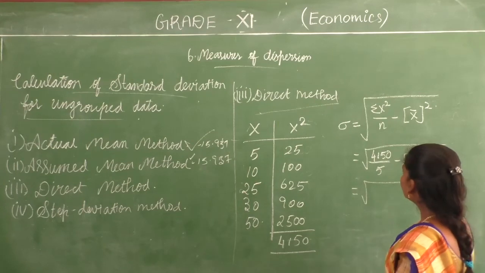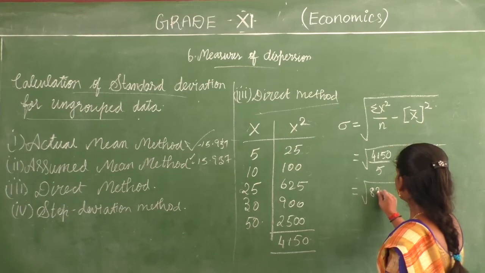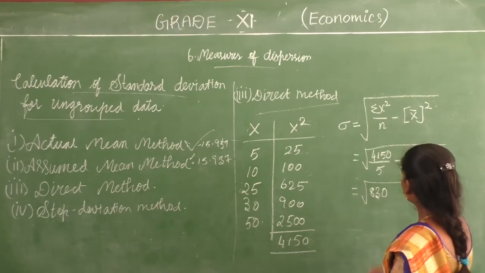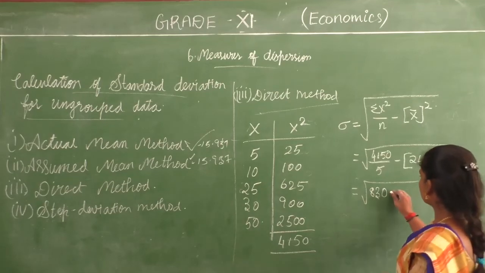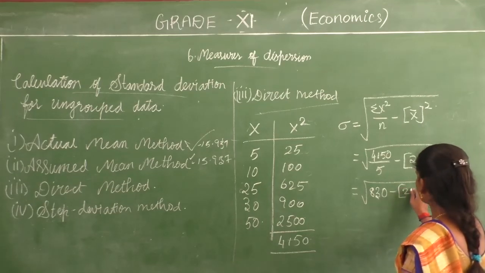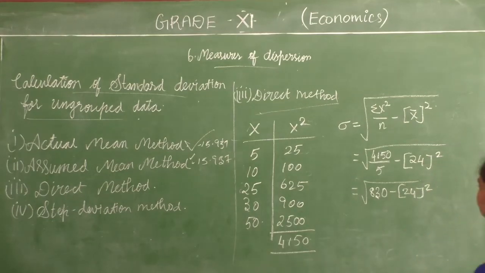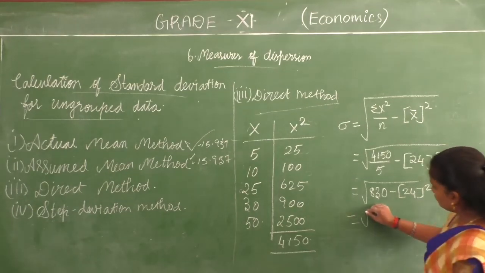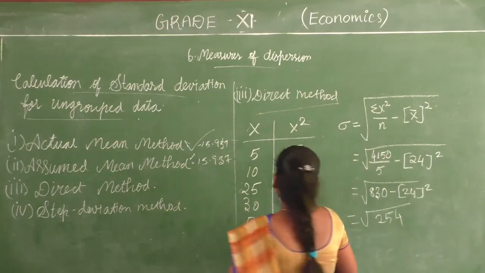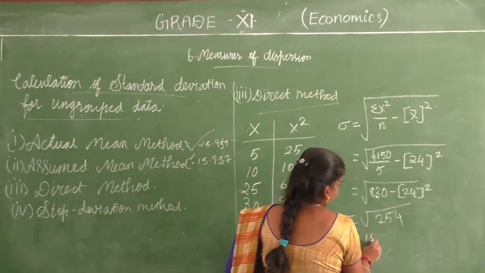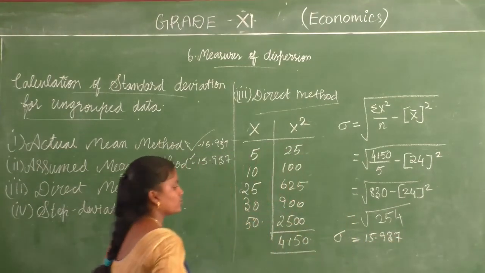So when you do the calculations, you get 24 square, you will get root of 254, which is going to be what? 15.937, which is your sigma.